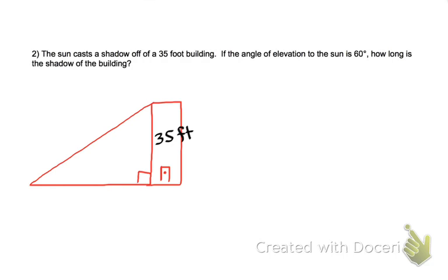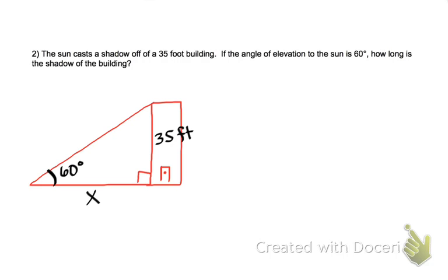So from the bottom, going up to the top, elevation means to go up, is 60 degrees. So this angle right here is my angle of elevation, the one going up, is 60 degrees. And then it says how long is the shadow. Shadows are always on the ground, so the shadow of the building would be at the bottom of the triangle.